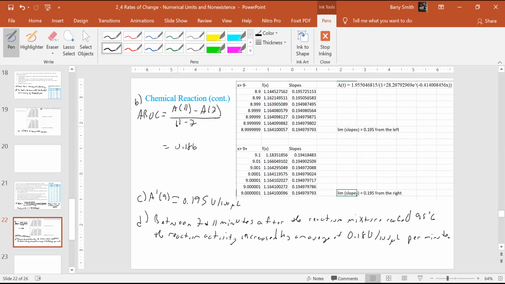Okay, because these are minutes down here, so it's the U per 100 microliters per 1 minute.